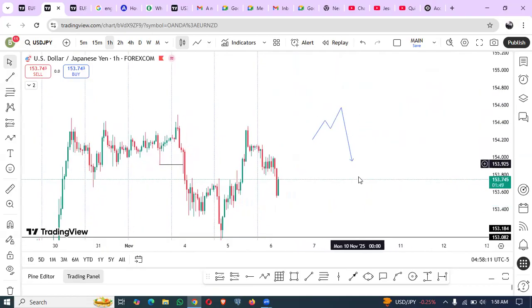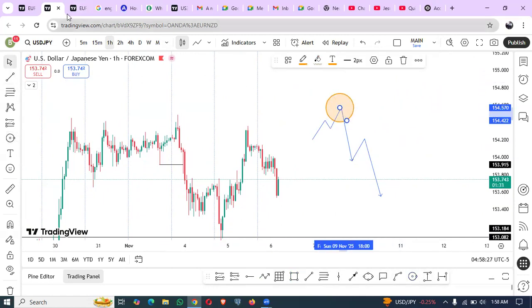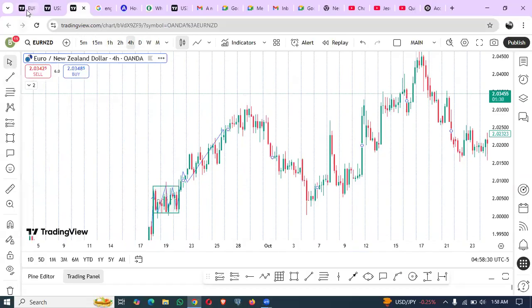You see this impulsive push, a little correction, and impulse. So this is now your sell structure. Impulse, correction, impulse. Then I told us you x-ray the extreme, the origin of that first impulsive push for either of these candles.